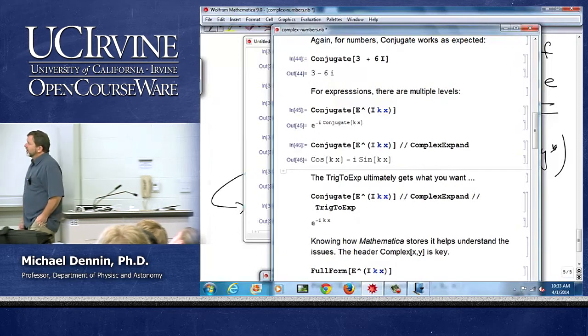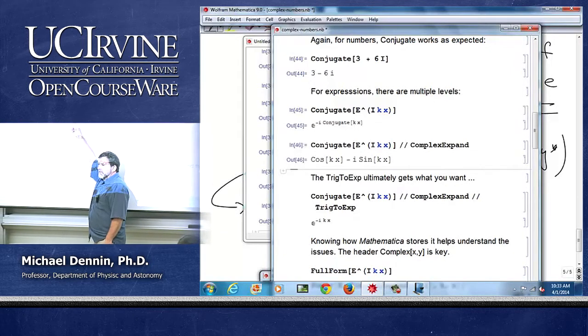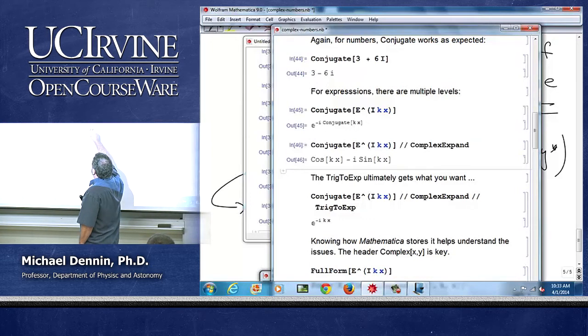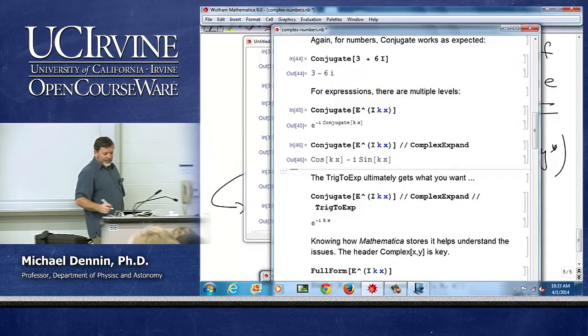And when it took the complex conjugate of e to the I kx, it switched to cosine and sine form. Because it knows e to the I kx is cosine plus I sine. I didn't want that. I wanted to keep it in e to the I kx, and that's why Mathematica has a built-in command trig to exponential, but also exponential to trig if you wanted the trig instead of the exponential.